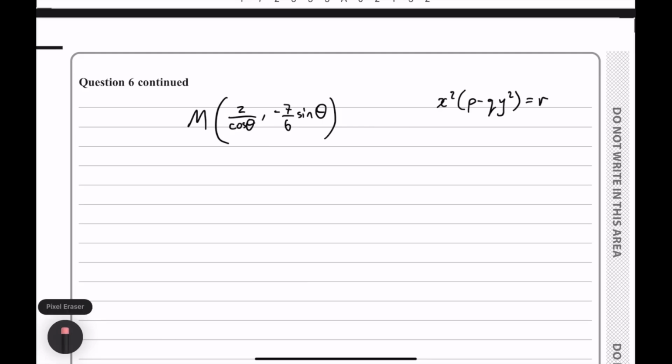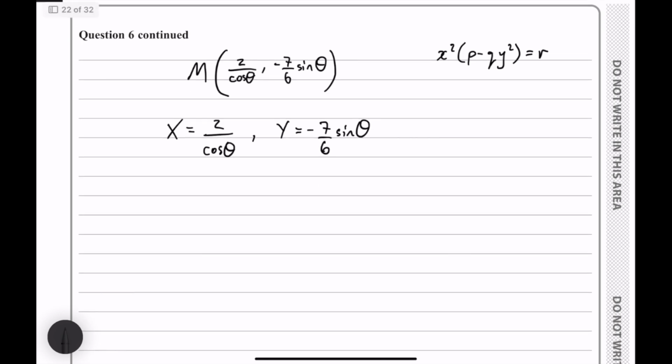Okay, to do that we're going to let capital X equal 2 over cos theta, capital Y equal minus 7 over 6 sine theta, so these can vary, and now we need to combine them, but we know that cos squared plus sine squared is equal to 1, so let's rewrite this slightly.